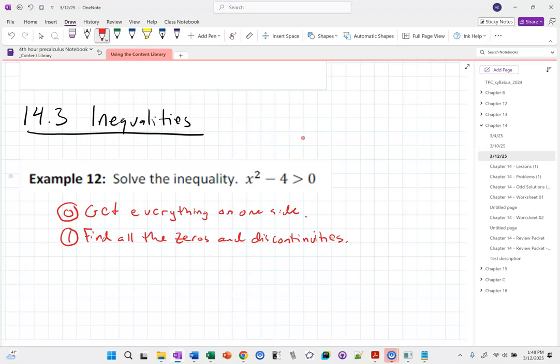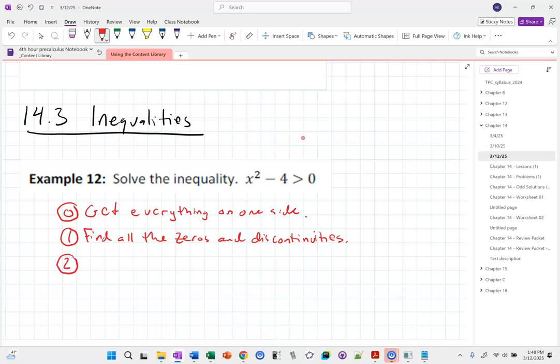Step 1 is to find all the zeros and discontinuities. If we look at x squared minus 4, that's a polynomial function. Polynomials have no discontinuity, so all we're finding is a 0. But a rational function can have zeros and discontinuities, so we'd have to make sure to find both. Everybody's okay there?